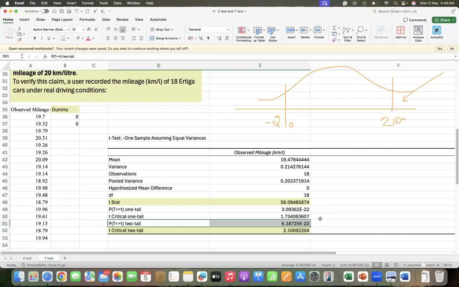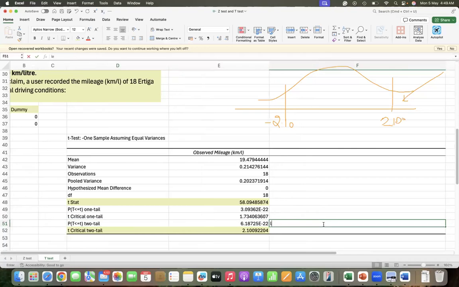So it is less than 5%. 5% is the significance value. 5% से बहुत कम है, तो हम कहेंगे we reject the null hypothesis. Okay, and our conclusion will remain same.